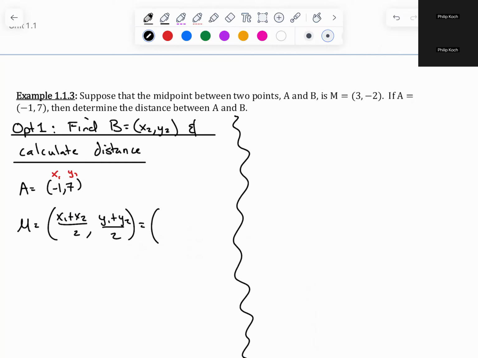I know what x sub 1 is. X sub 1 is -1. X sub 2 is unknown. And then y sub 1 is 7, plus y sub 2 divided by 2. But the midpoint is 3 comma -2.